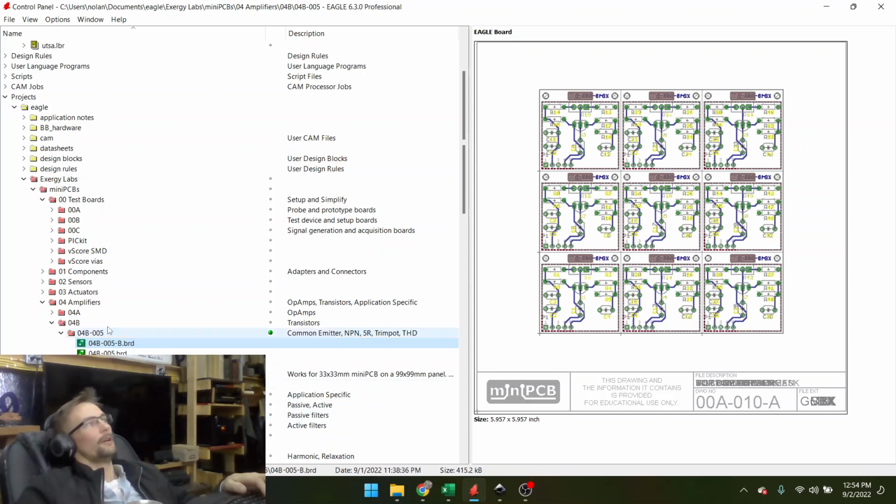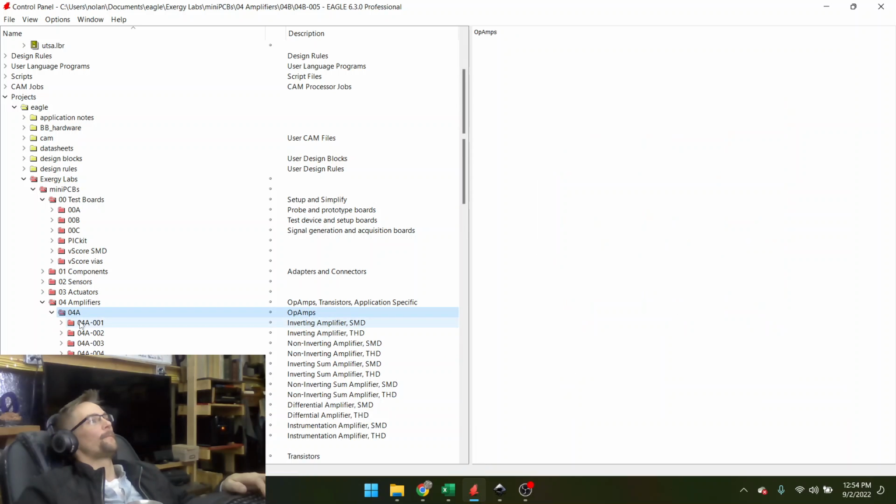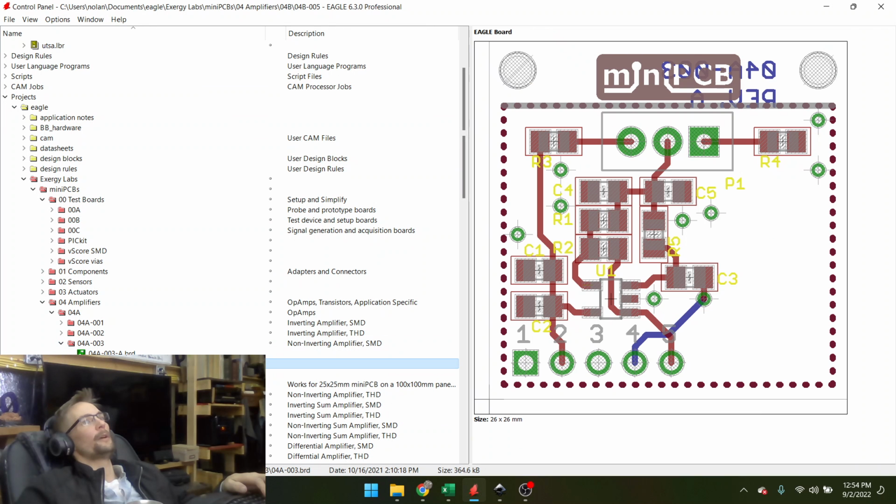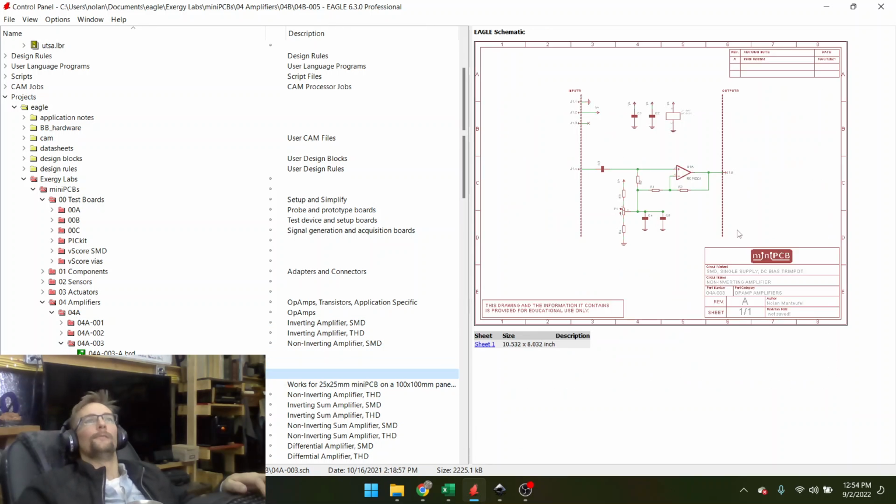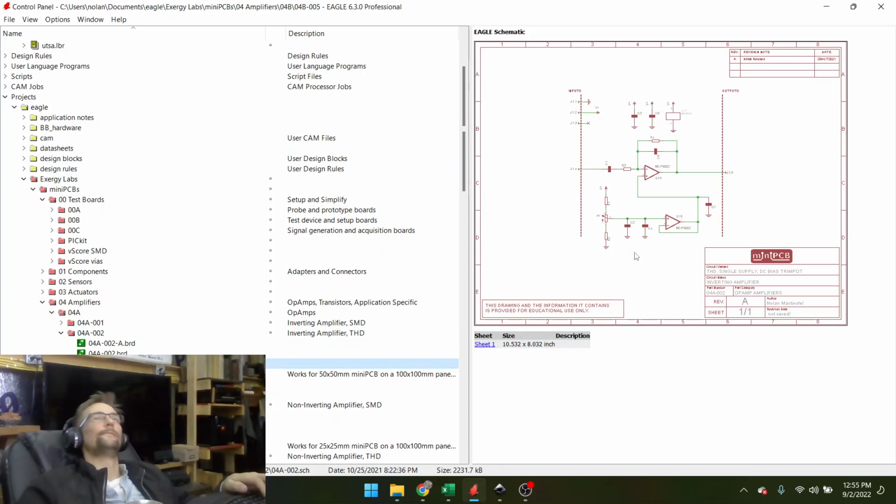I don't know. Okay. So these are all old, so I need to go and move them around again. But previously, you could see this is a non-inverting amplifier with bias control and AC coupled input and DC coupled output. This is an inverting amplifier, feedback capacitor with the bias voltage set by a trim potentiometer.